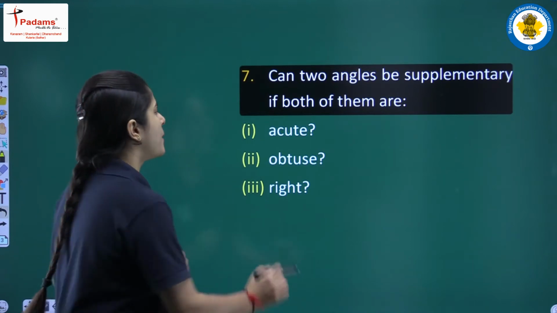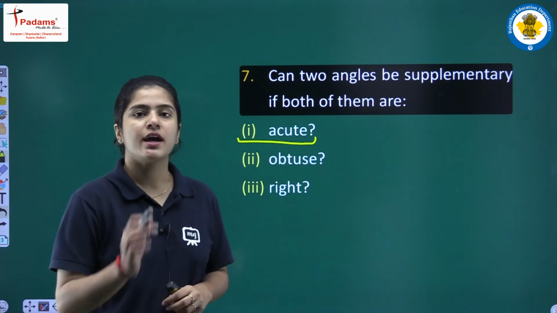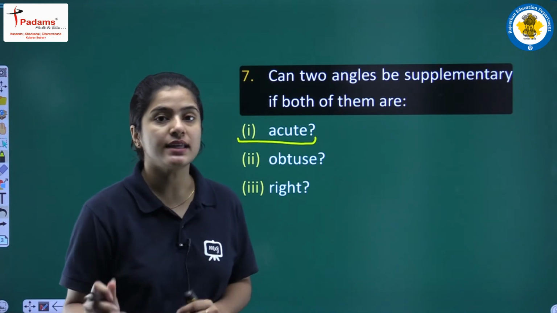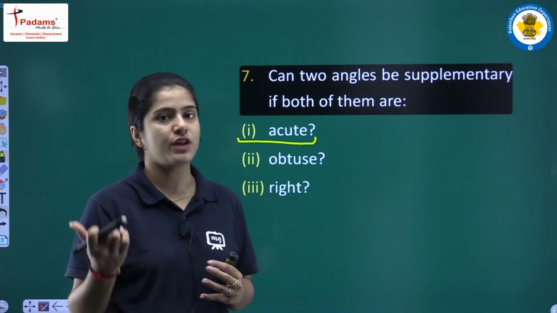So firstly we will be solving this question for acute angles, okay students. By acute angles we mean those angles whose measure is less than 90 degree.